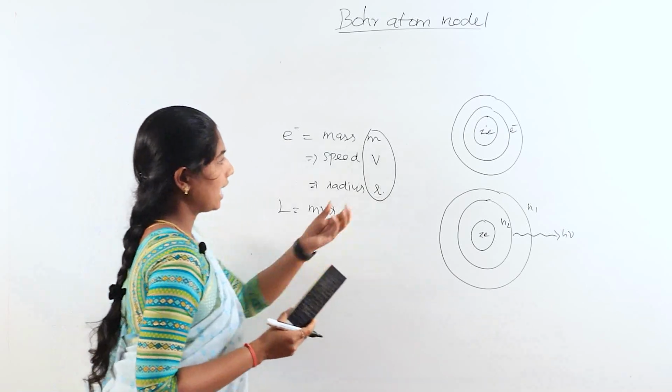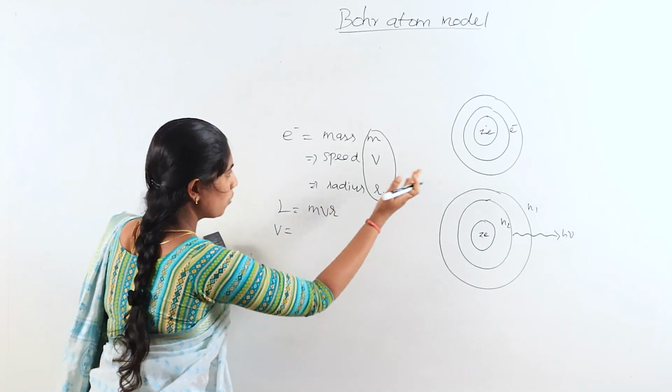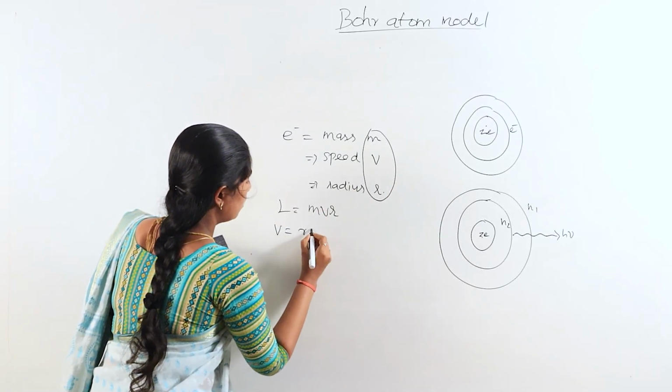The angular momentum of the electron is m r squared omega.